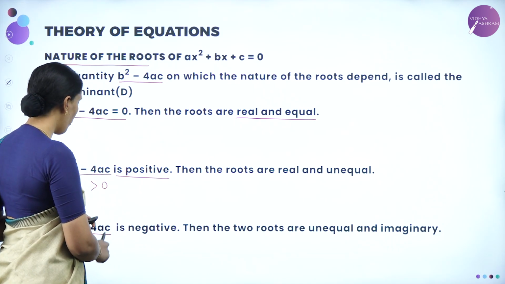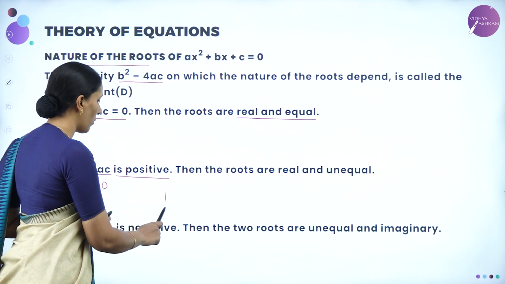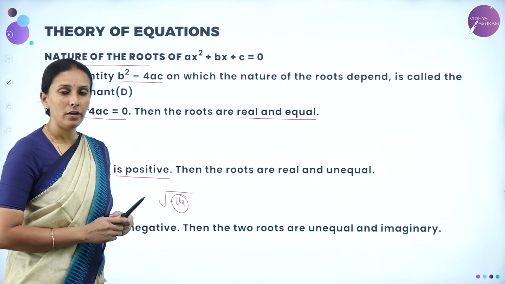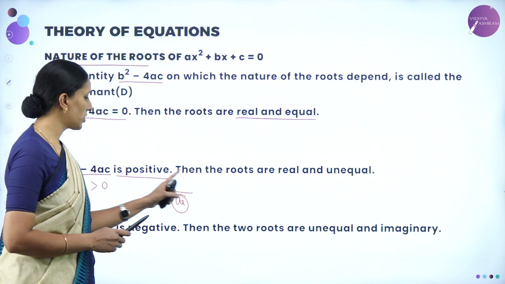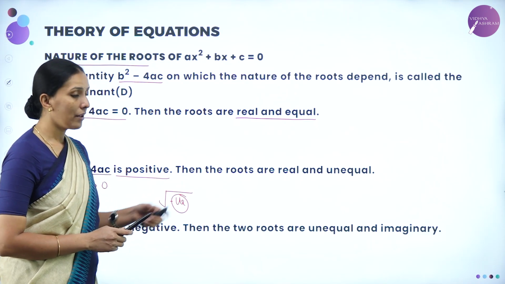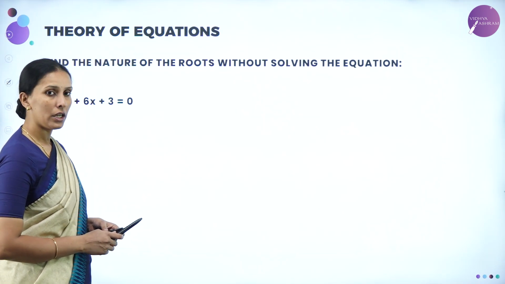So if the value of b square minus 4ac is negative, then under the square root we will have a negative real number, which cannot give a real root. It is called an imaginary root, and the roots are also unequal.